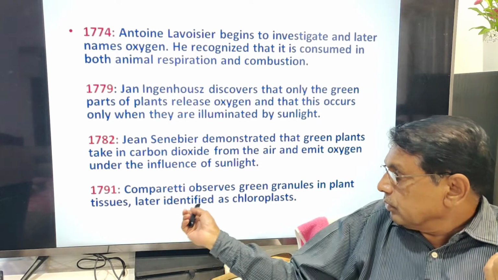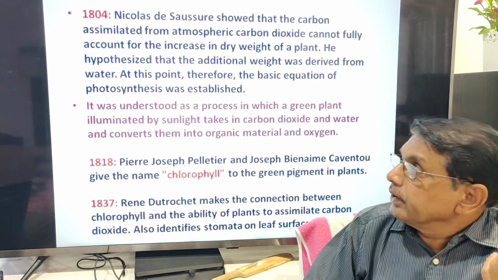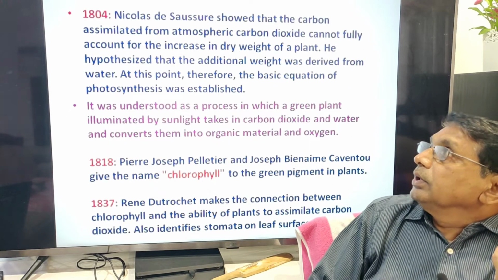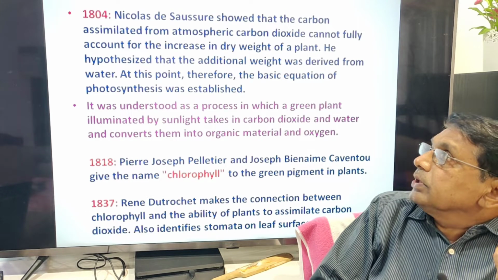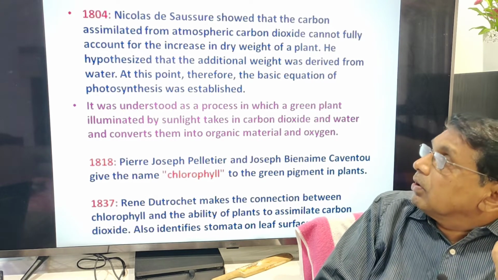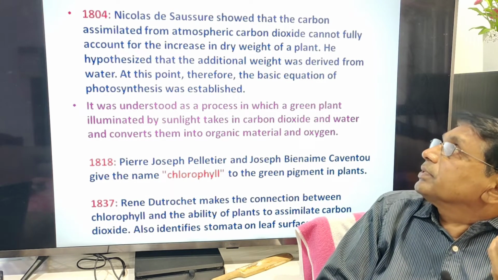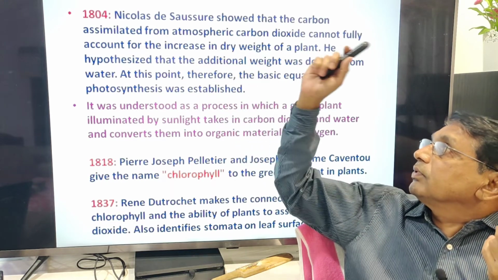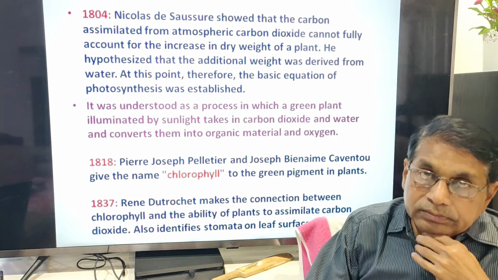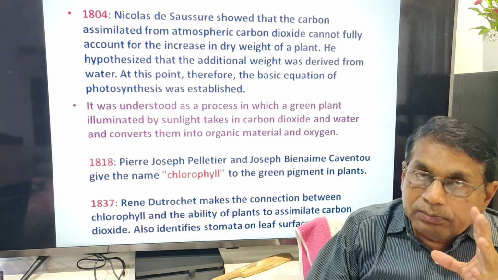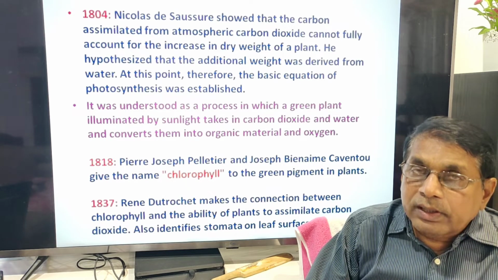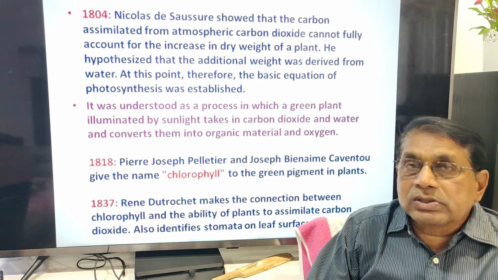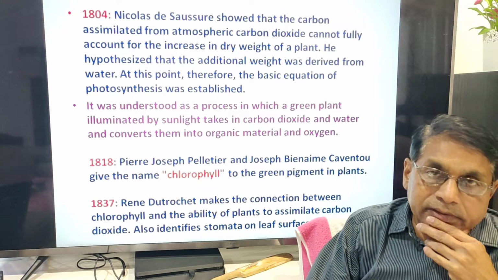Then in 1791, chloroplasts are identified. Then Nicolas de Saussure showed that in the carbon assimilated from the atmosphere, carbon dioxide cannot fully account for the increase of dry weight. So by that time, people came to know that carbon dioxide is essential for photosynthesis, for synthesis of carbohydrates.